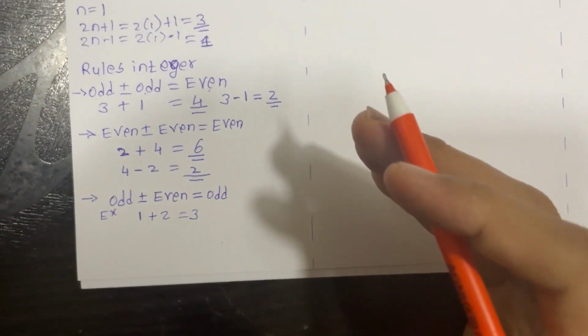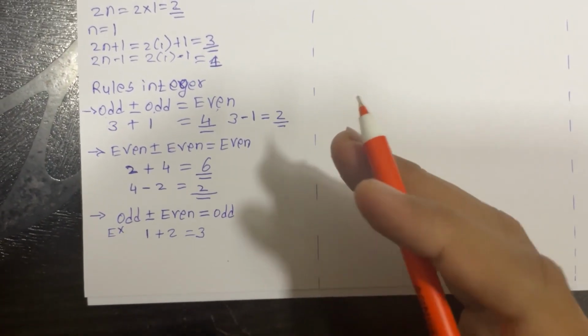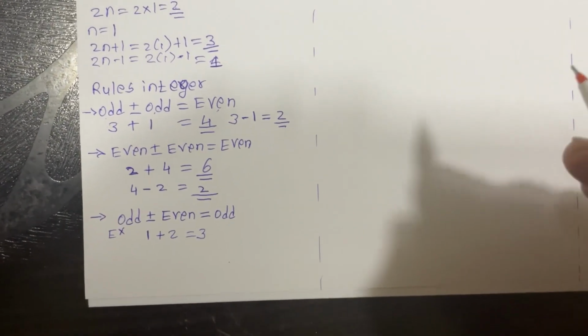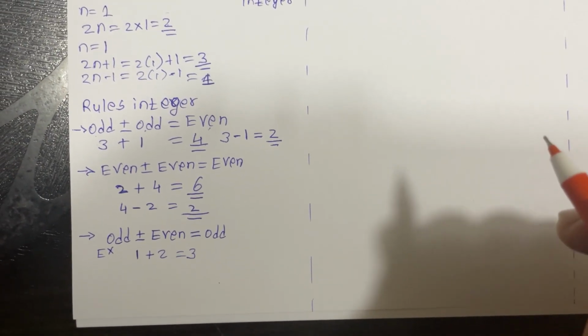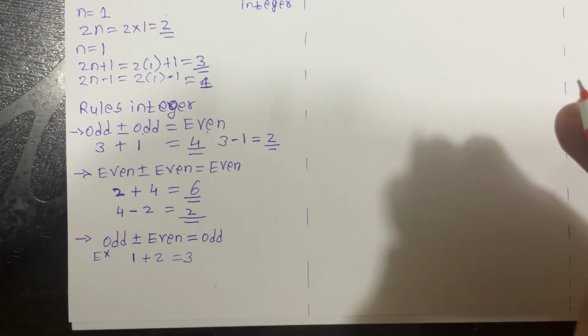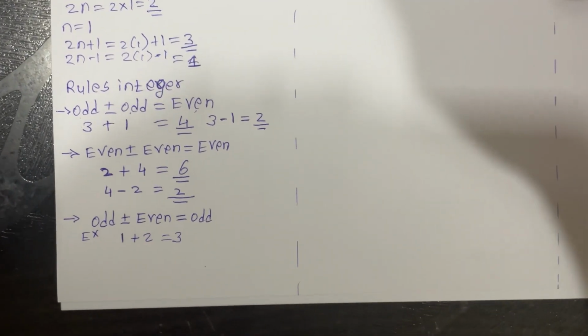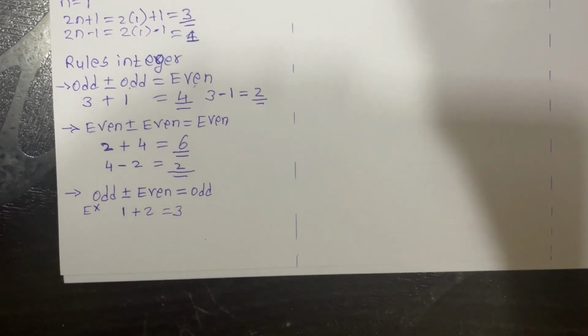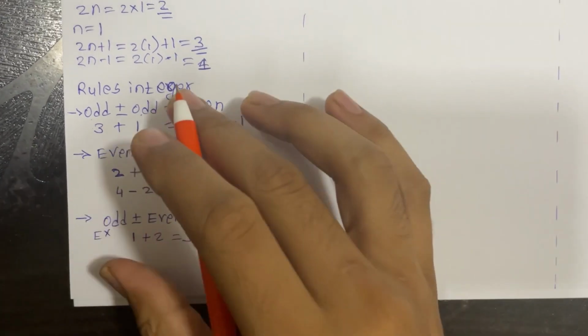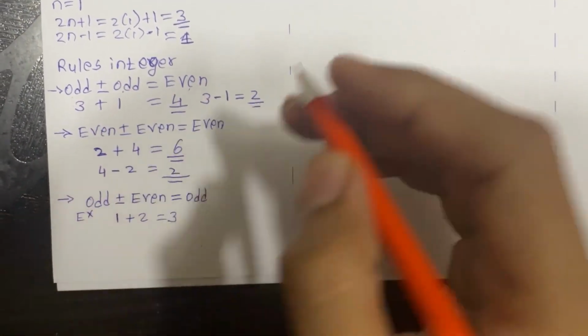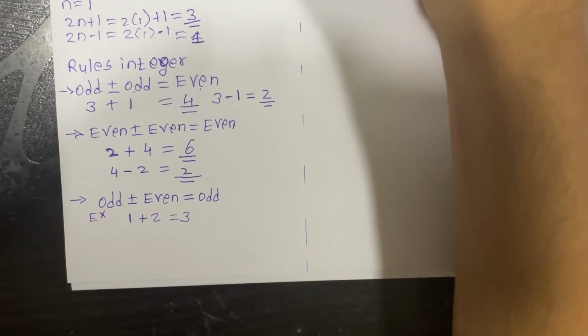So while doing the sum, it will be easy to recognize which is even number and which are odd number, and our calculation will be easy. And further, now that we are done with addition, we will learn about multiplication now.